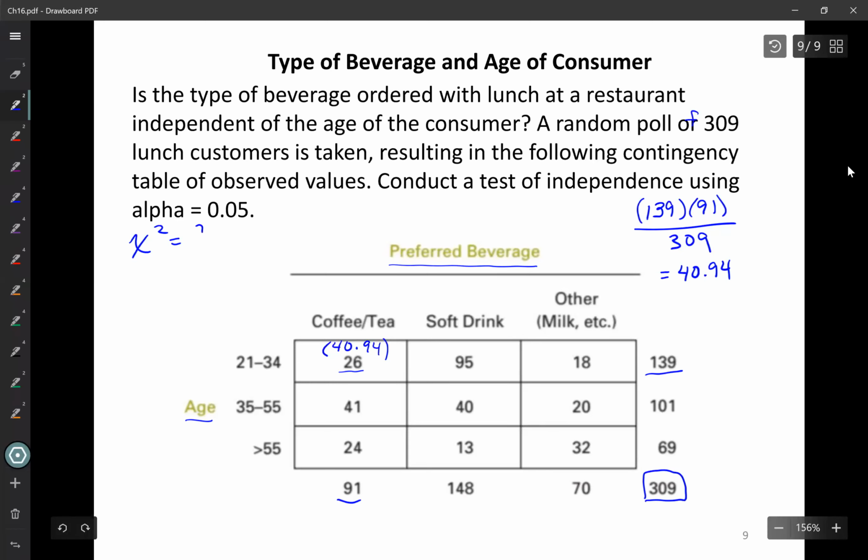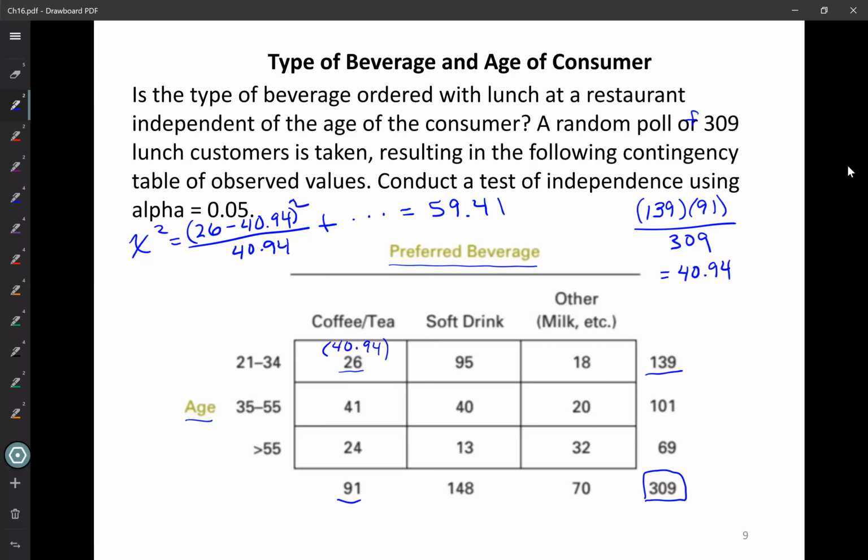We observe 26 customers, subtract what we would have expected, 40.94, square that, and divide by 40.94. You continue to do that for each of the 9 cells in total. If you add those all up, you should get 59.41.